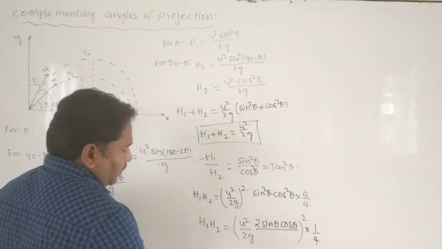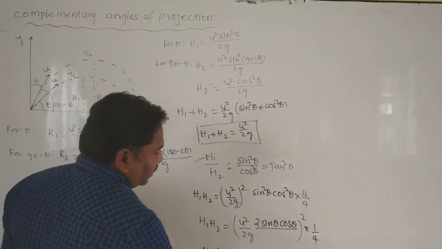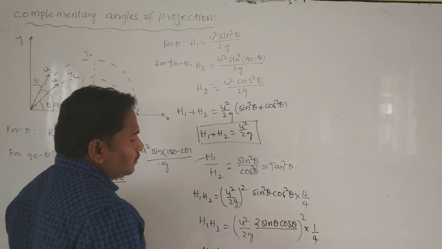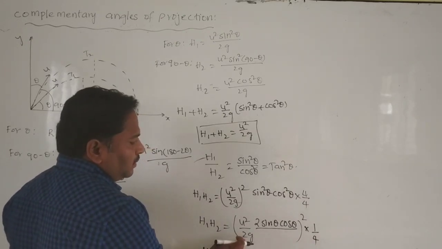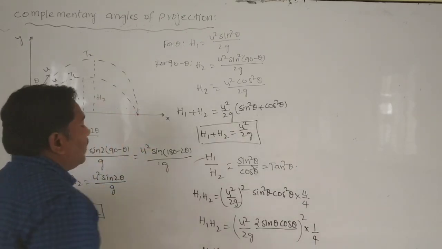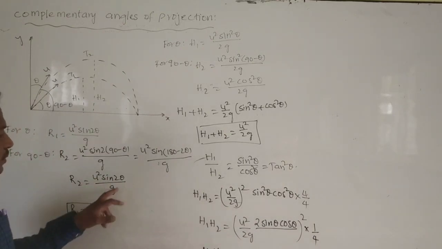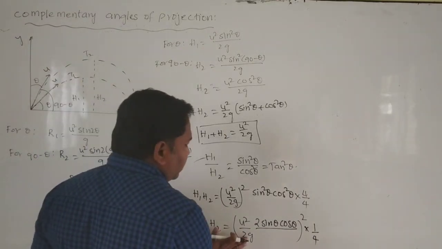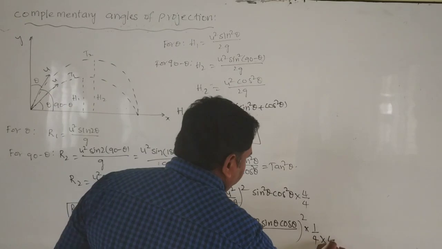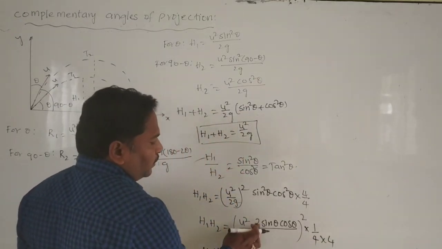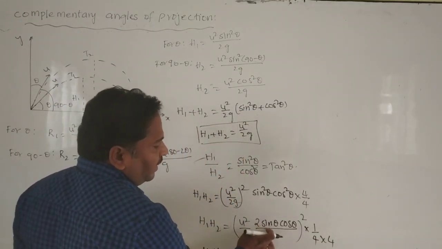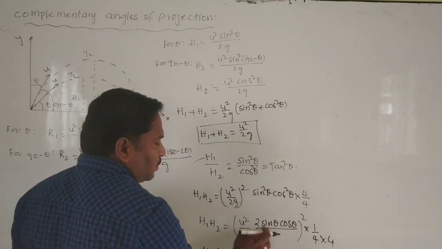Next, h1 h2 equals, so you take it common, because the range formula is u square sin 2 theta by g. When it is taken common, one more 4 comes out. So 2 sin theta cos theta can be written as sin 2 theta.